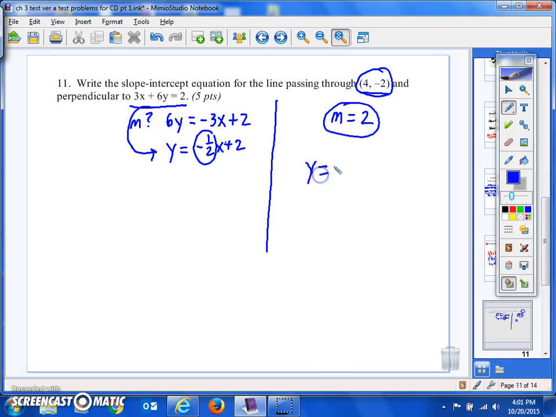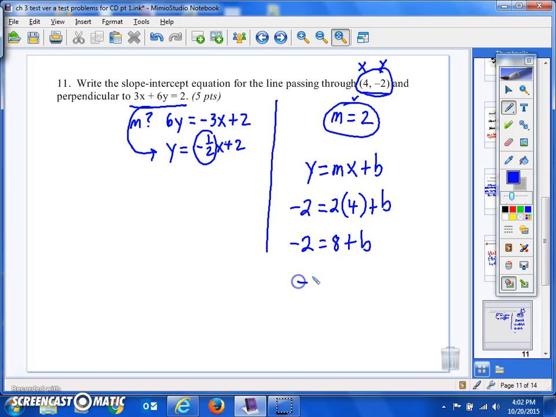I'm going to use this method. Just think about slope-intercept form. You're given x, and you're given y, and you found out what m is. So y is negative 2, m is positive 2, x is 4. We're going to use all three of those numbers to help us find out what b is.